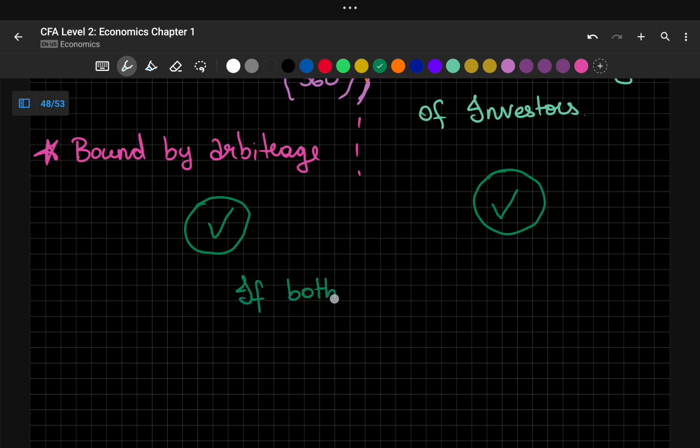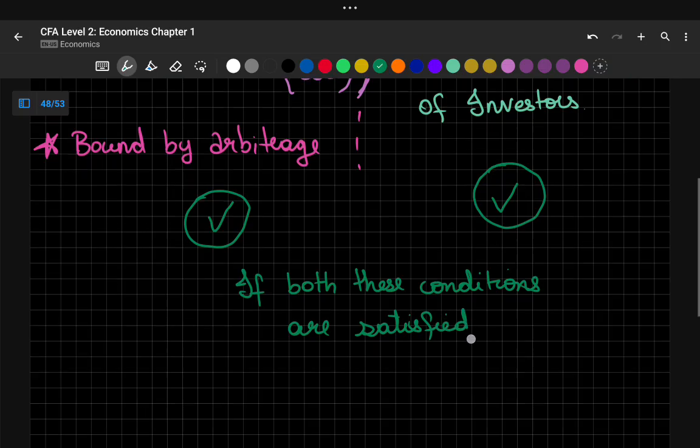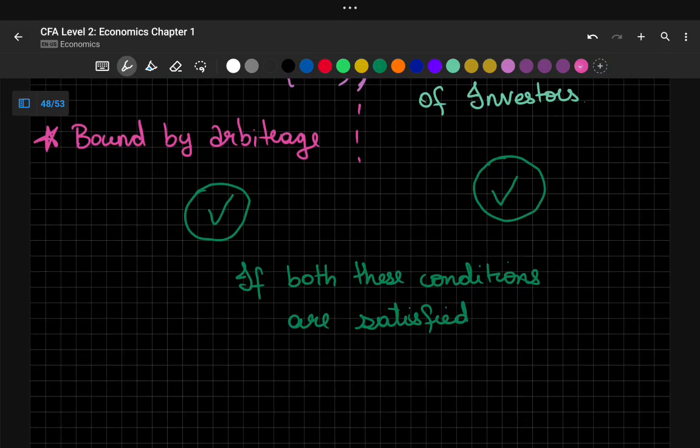If both these conditions are satisfied, then only the forward rate parity condition will hold.